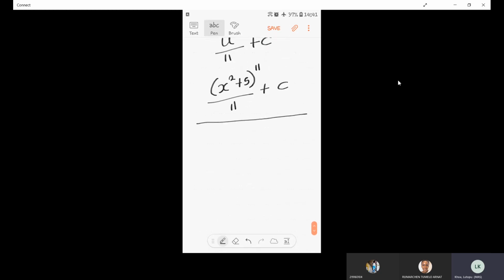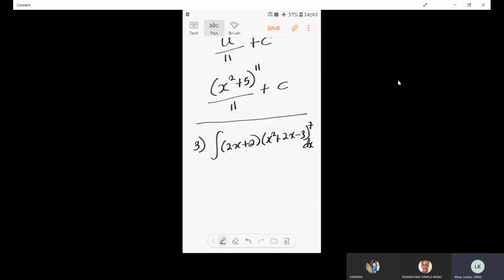And then number 3, we have the integral of 2x plus 2 times x squared plus 2x minus 3 to the power of 7. This is with respect to x.